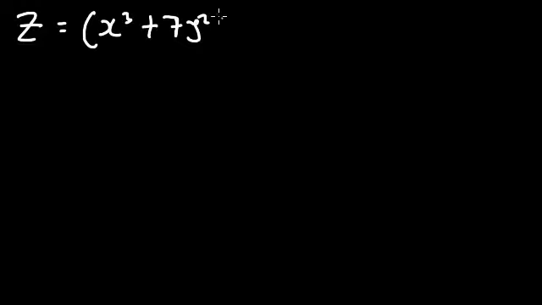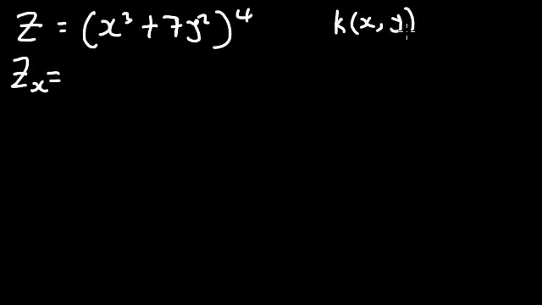Example number 1. Consider the multivariate function z that is equal to x to the power of 3 plus 7y squared, all raised to the power of 4. So how do we find the partial derivative of z with respect to x? Well, before we proceed on this, let's identify what our k of x comma y is.